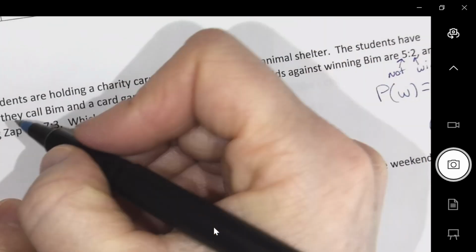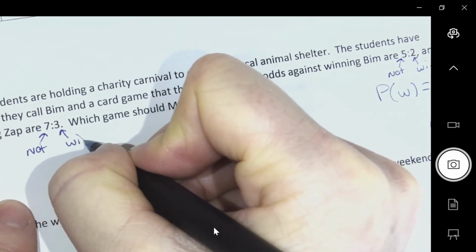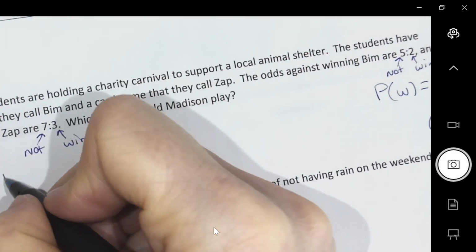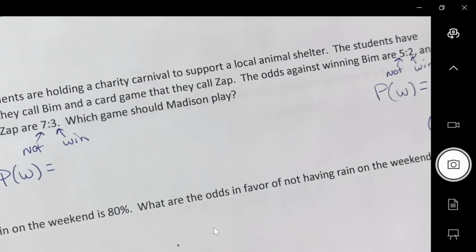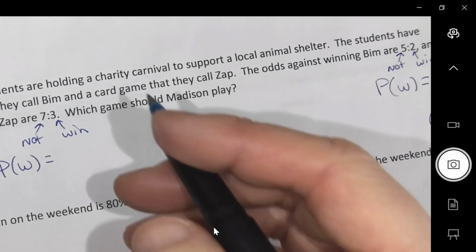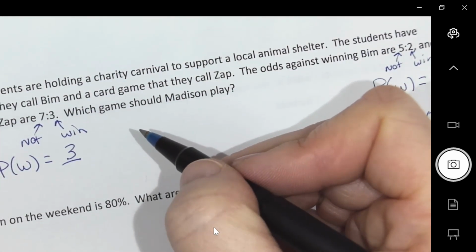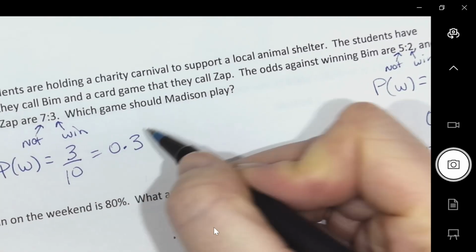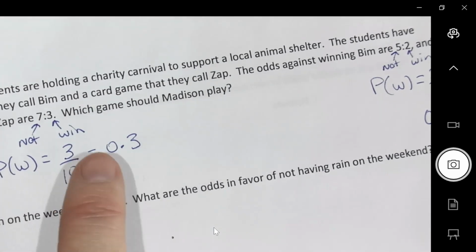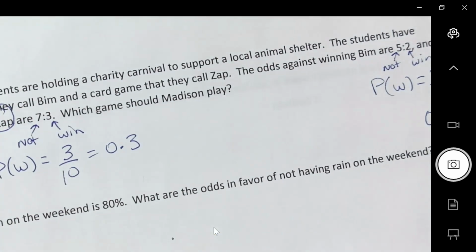The odds against winning, so this is going to be the not winning and this would be the win. What's the probability that they would win Zap? 3 out of 10, which is 0.3. So this one has a better chance of winning.